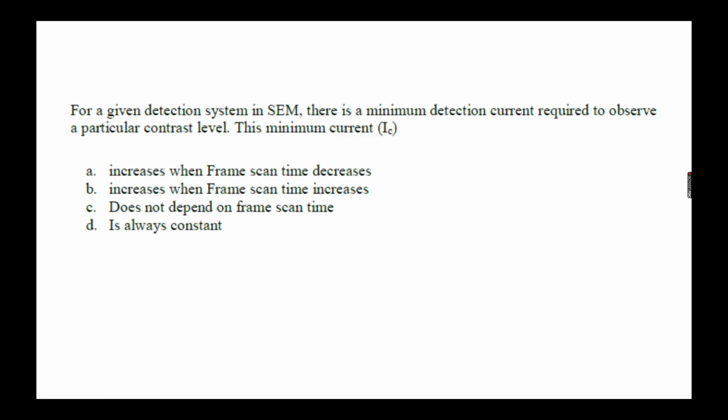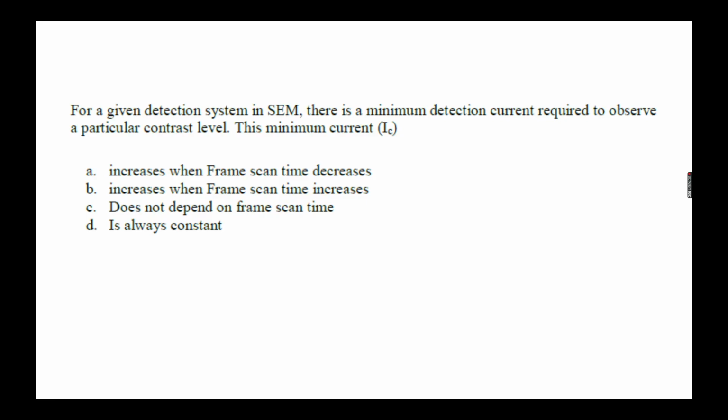For a given detection system in SEM, there is a minimum detection current required to observe a particular contrast level. Okay, so we want some contrast. During the detection, there will be a minimum detection current that is required for a certain level of contrast. So what is that minimum current?